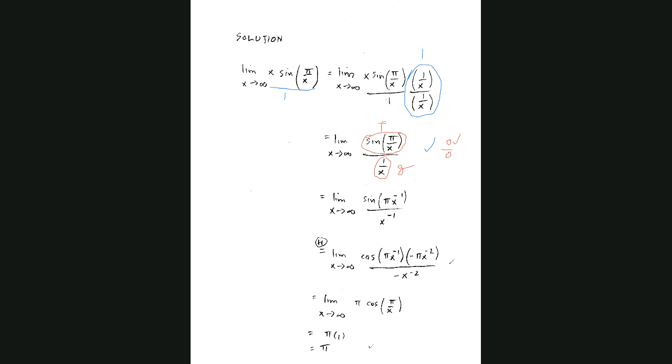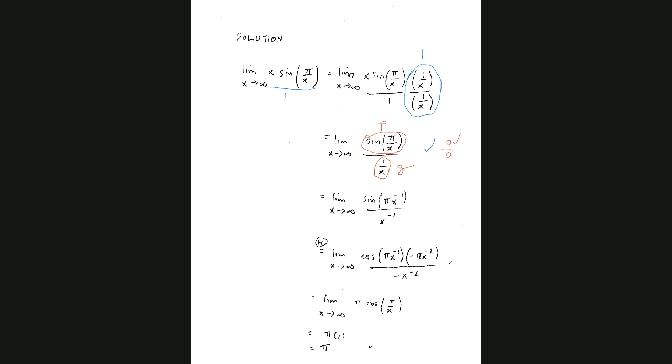Tyreek asks, why did I choose 1 over x? Well, I tried it and it worked. Sometimes you don't know what to do, but you have to do something, right?